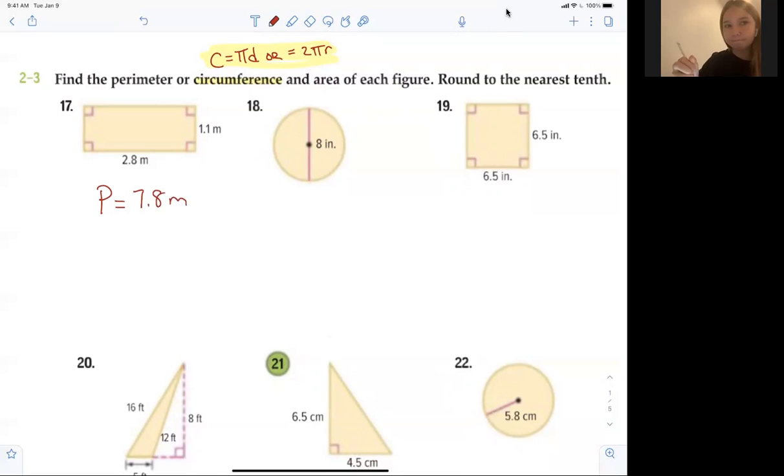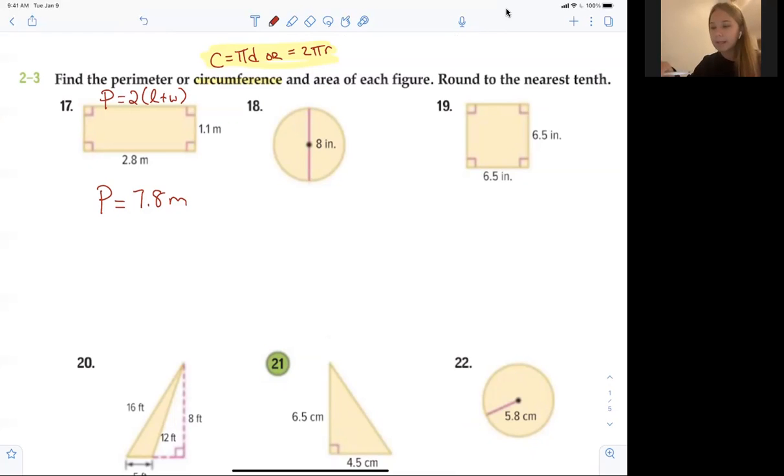I would like you to remember perimeter is twice the length plus the width. In the past, we just wrote 2L plus 2W because there are two lengths and two widths. But now that you're a little more advanced, you can add the length and width and multiply by 2, which is easier.